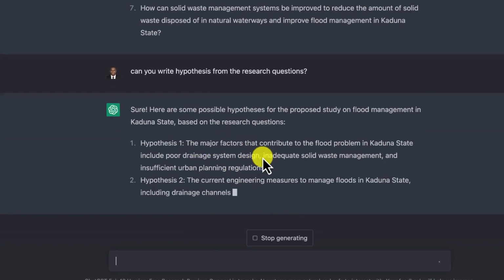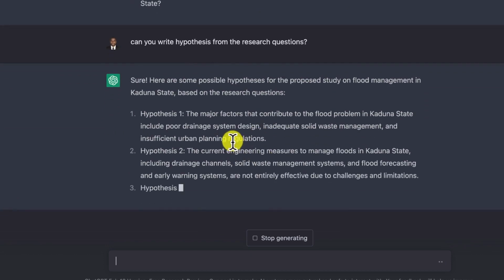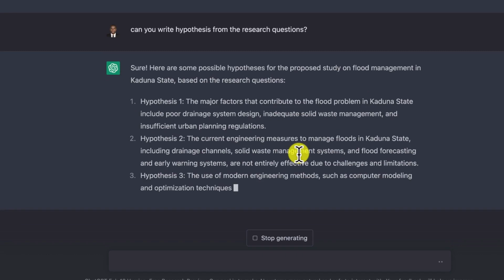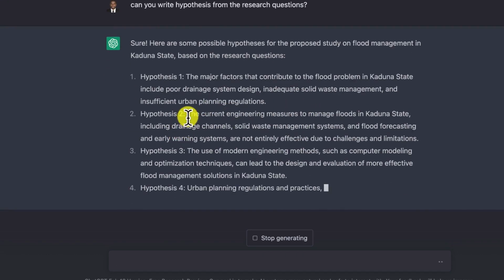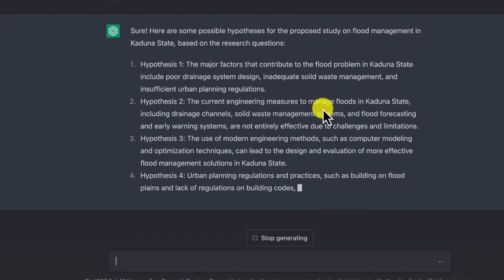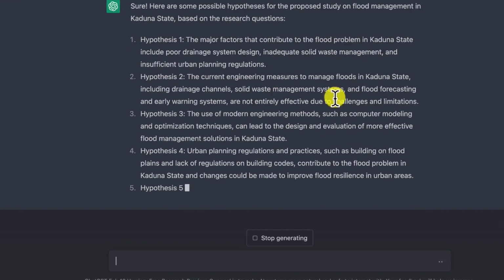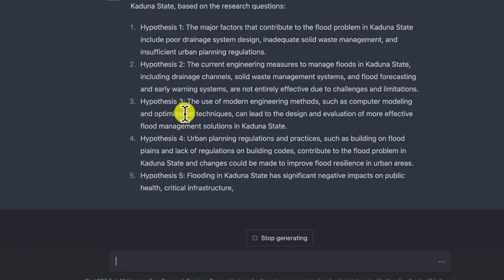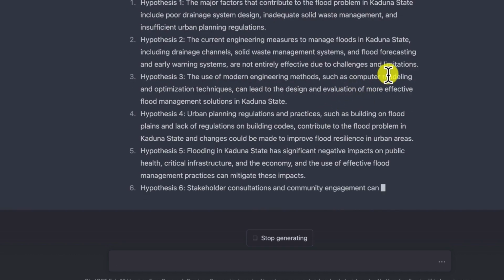The major factors that contribute to the flood problems in Kaduna State include poor drainage system design, inadequate solid waste management, and insufficient urban planning regulations. And then we have hypothesis number 2. The current engineering measures to manage floods in Kaduna State, including drainage channels, solid waste management, and flood forecasting and early warning systems, are not entirely effective due to challenges and limitations.